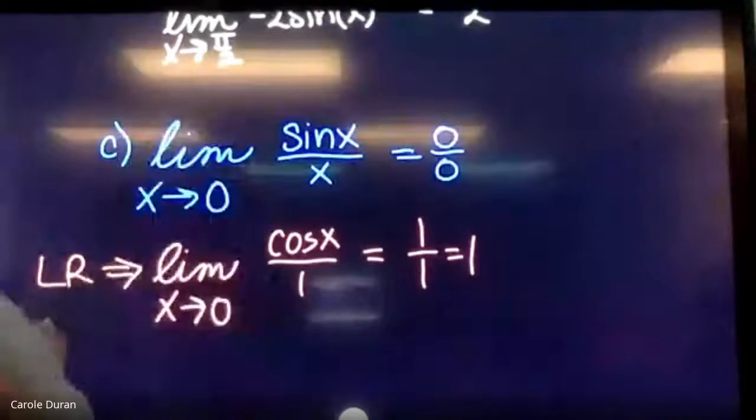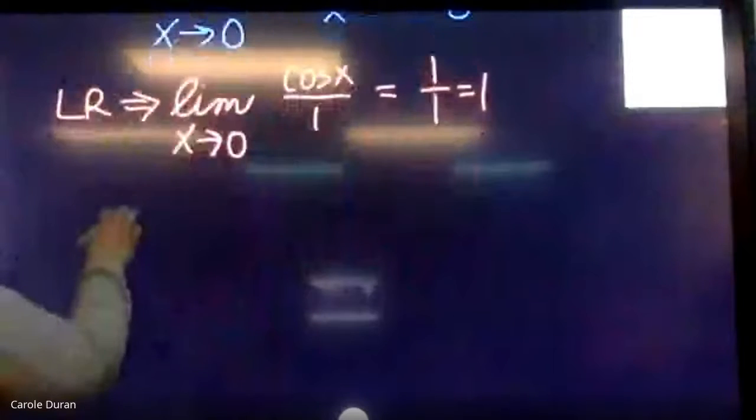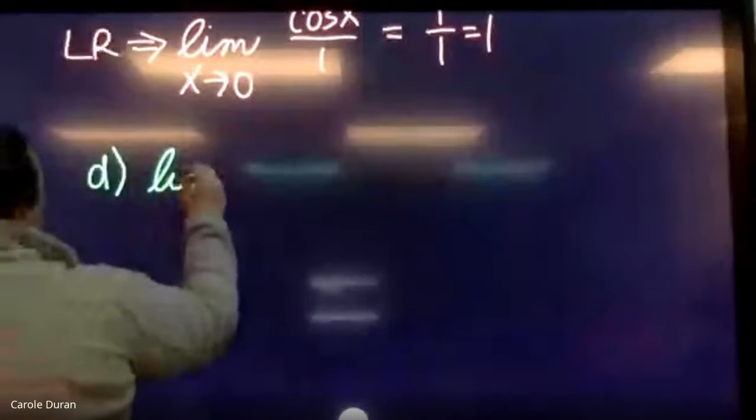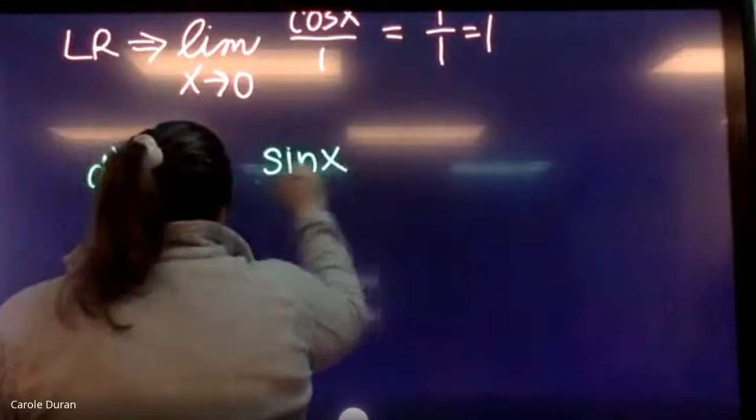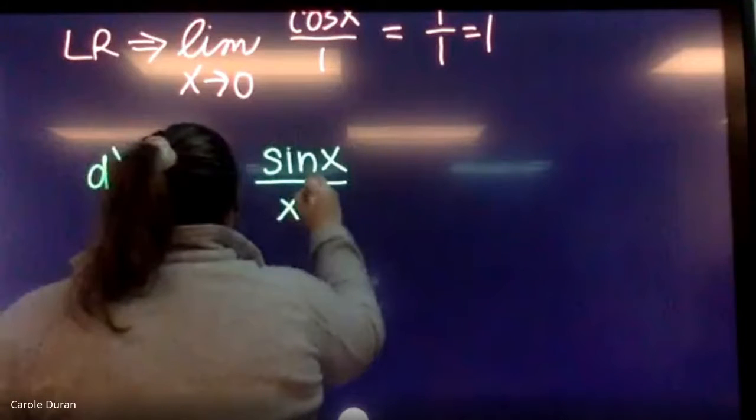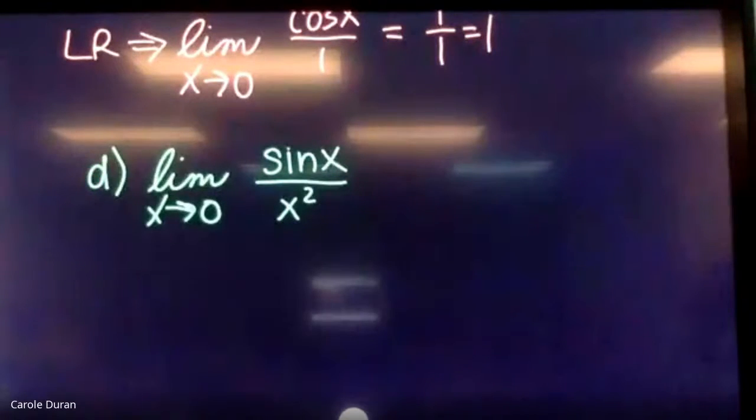So let's say that I have something along the same lines as that problem. Still taking the limit as x goes to 0, but this time the sine of x over x squared. It is not the same; the previous one was sine of x over x.